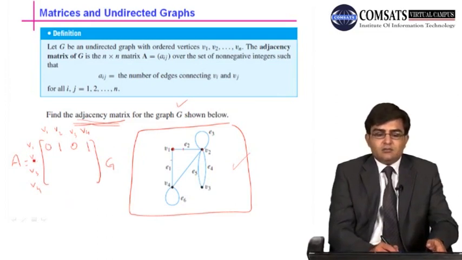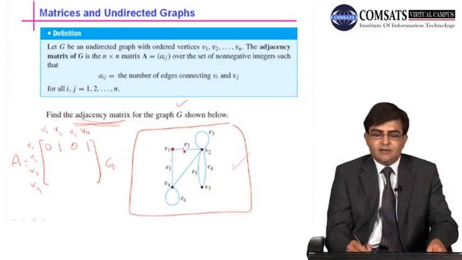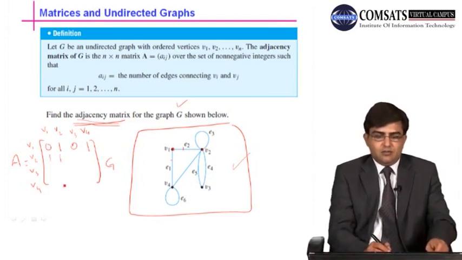Now how many edges are there which connect v2 to v1? We have already calculated it, it's 1. How many edges connect v2 to v2? There is a loop here, so there is one edge which connects v2 with v2. How many edges are there now which connect v2 to v3?